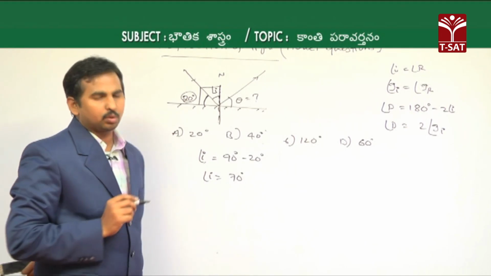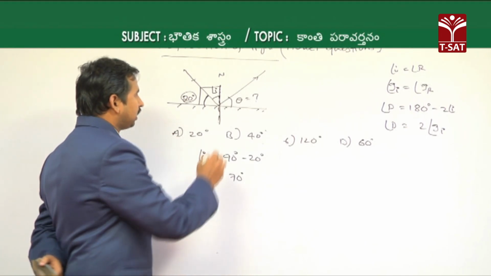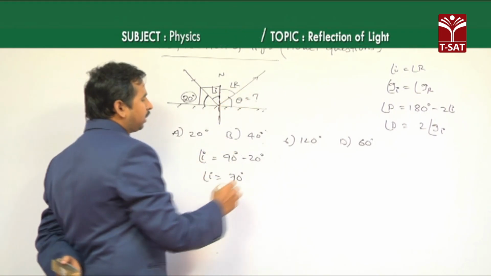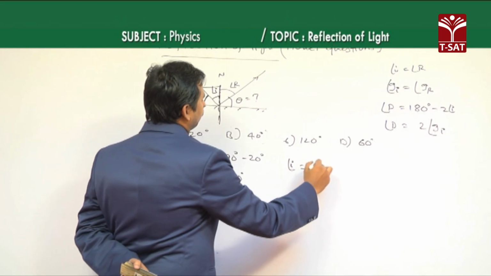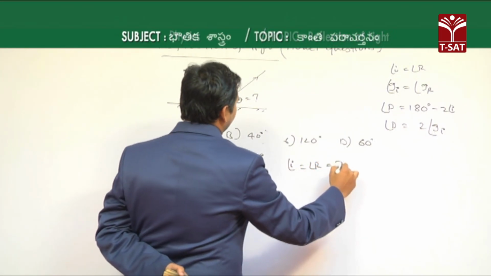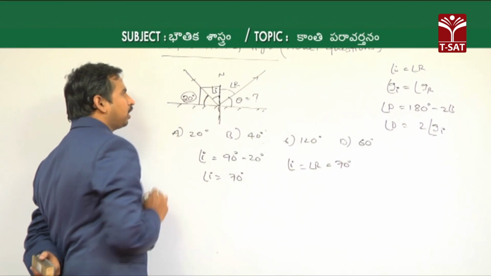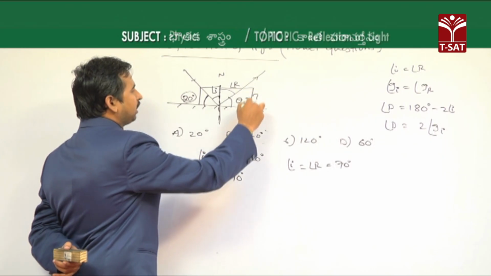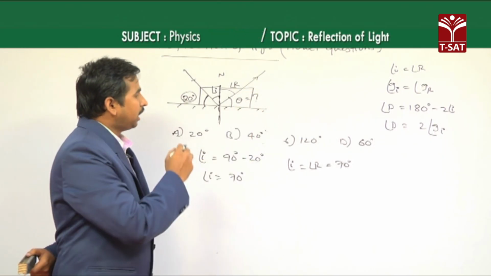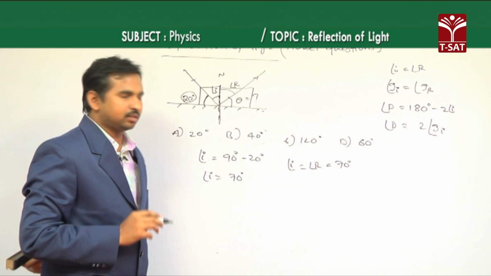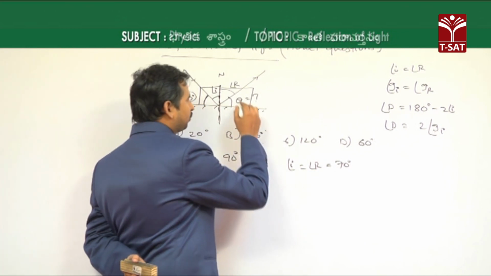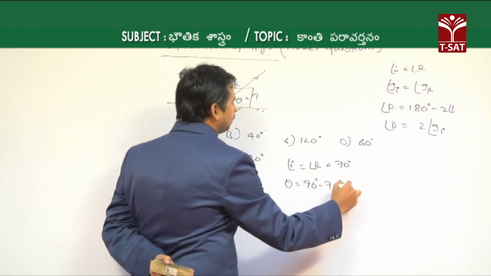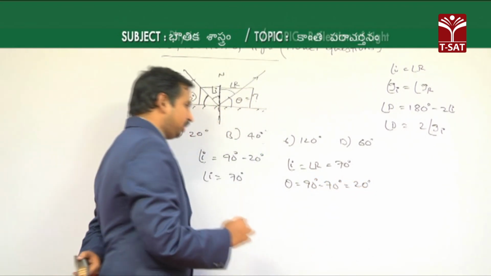By using the first formula, i is equal to r, the angle of reflection is also 70 degrees. Again, the normal makes an angle of 90 degrees with the surface, and the angle of reflection is 70 degrees. Then the remaining angle theta is 90 degrees minus 70 degrees, which is 20 degrees.